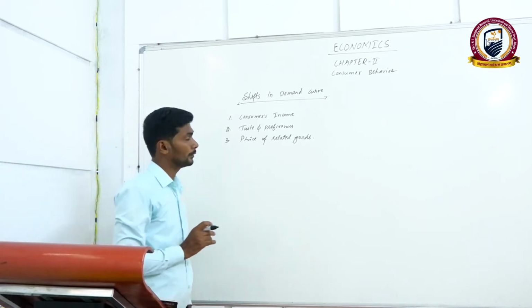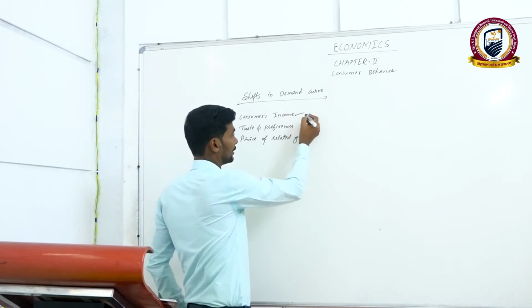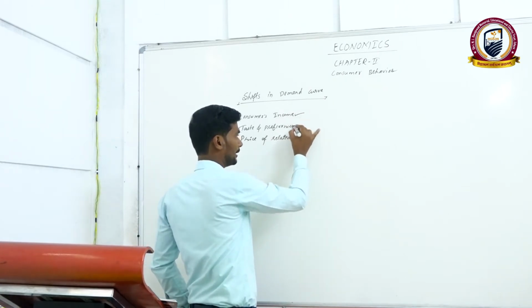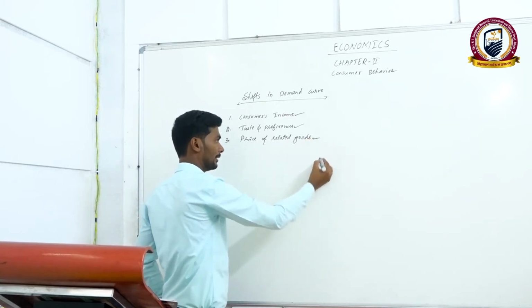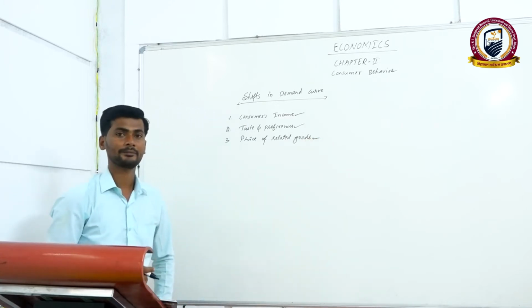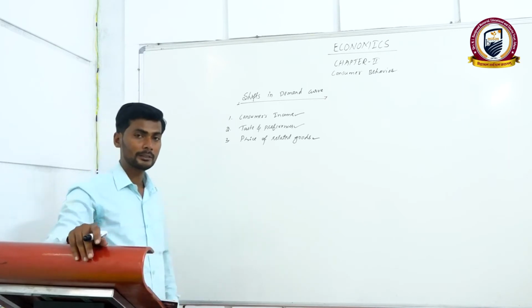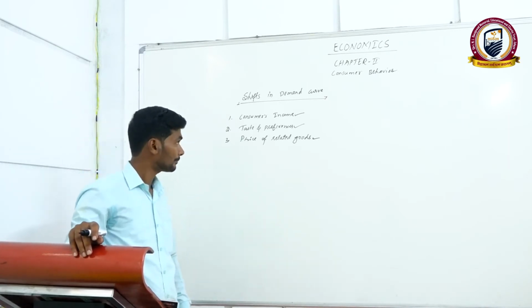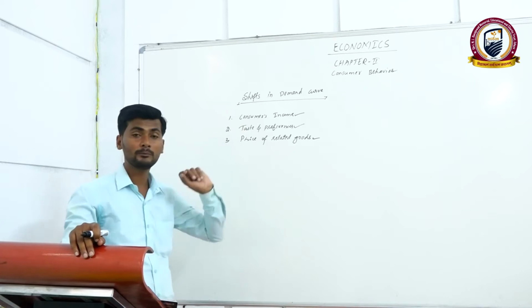You already know that consumer's income is another factor, taste and preference is also another factor, and price of related goods is also another factor. Now listen very carefully. The demand curve will shift when the consumer's income changes.